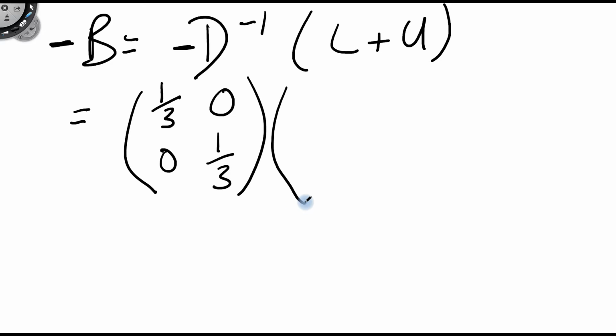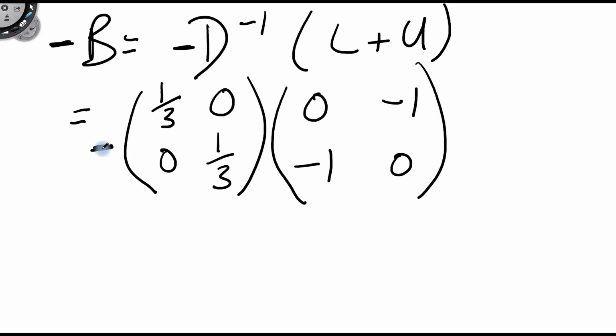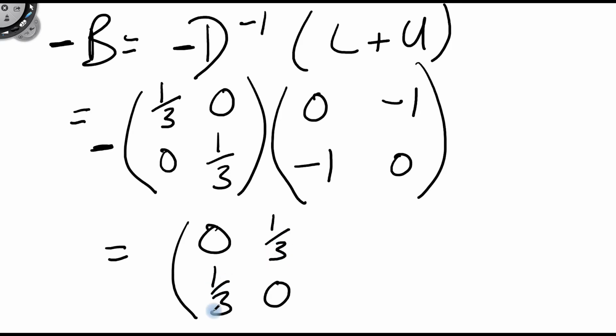And then L plus U is simply the sum of the lower triangular matrix, which has minus 1 down there, and the upper triangular matrix, with zeros on the diagonal. And of course we've got a minus sign in there. We just expand that out. We get zeros on the diagonal, and we get a third, like that.